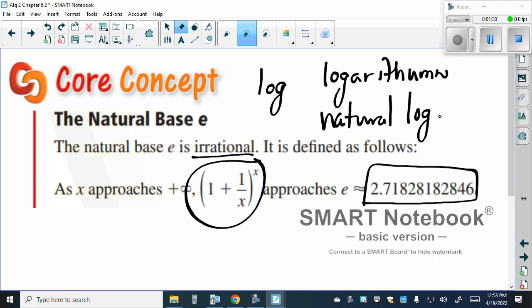And how do you think we'll abbreviate natural log? NL? No, it's LN. No idea why. We call natural logs LN, but we'll get into dealing with these later in the chapter. We won't talk about those or work with them here.